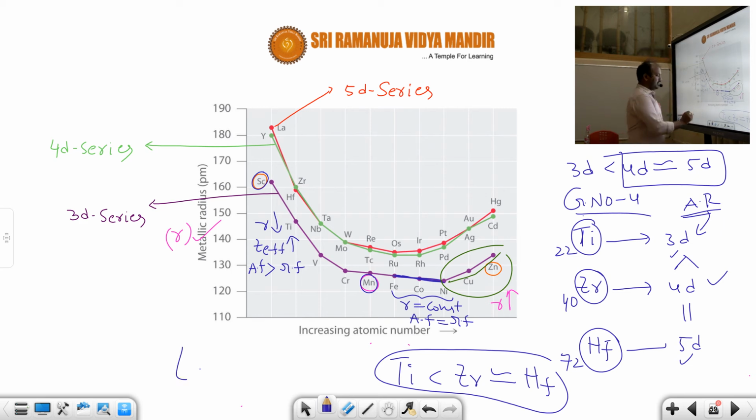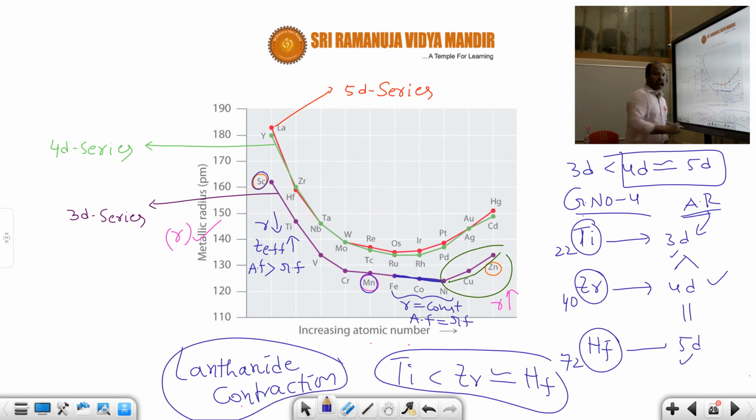Due to what reason? Lanthanide contraction. Contraction means decrease; expansion means increase. You know that. So we expected the atomic radius to increase for 5D, but what happens? The 5D atomic radius decreases. How much?